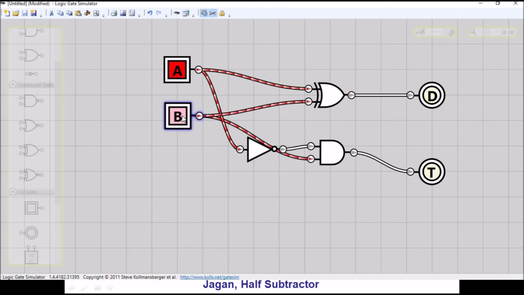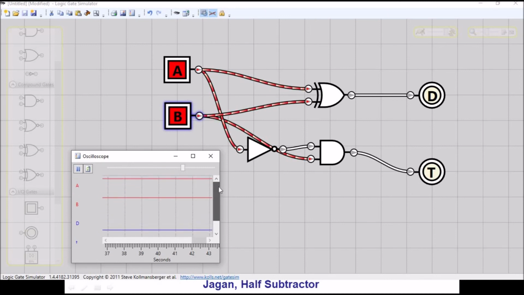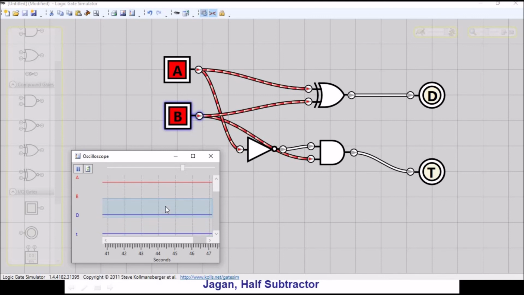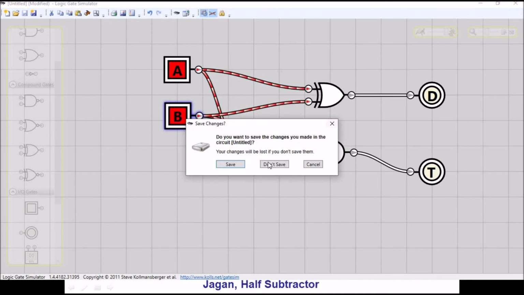If I make both 1, what will happen to the outputs? Difference and borrow, I have both 0, right? So now the truth table is verified with the implementation in the logic gate simulator.